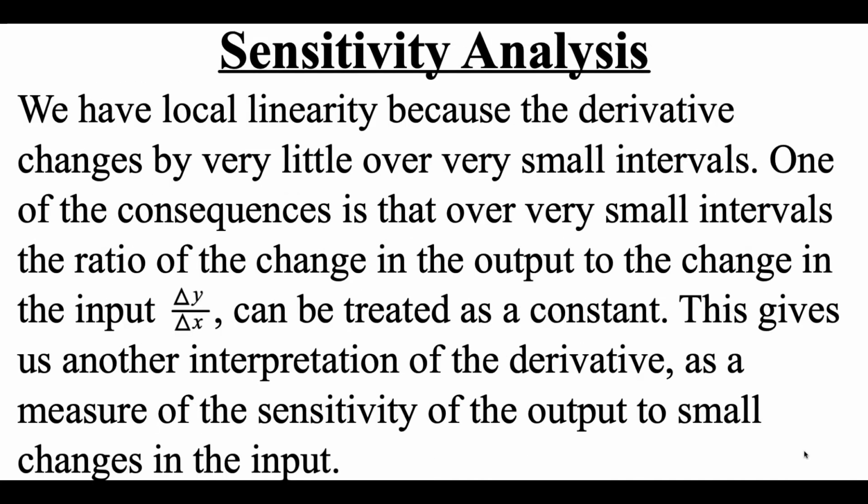Now we're going to have local linearity because the derivative is going to change by very little over very small intervals. And one of those consequences is that over very small intervals, the ratio of the change in the output compared to the change in the input, delta y over delta x, can be treated as a constant. This is going to give us another interpretation of the derivative as the measure of the sensitivity of the output to small changes in the input value.